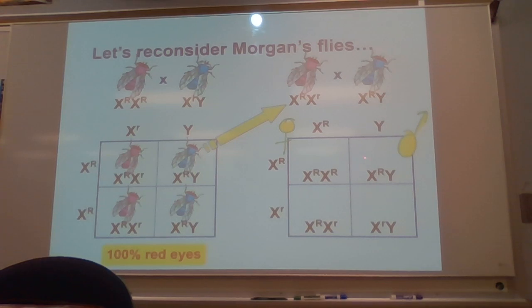So if you're a male, you're only getting one X chromosome. So your mother is very important in determining all of your X-linked traits, right? Because you don't get an X from your dad, you only get your X from your mom. If you're a girl, you're always going to get dad's X-linked trait and then one of mom's.